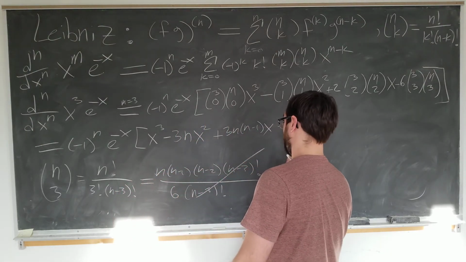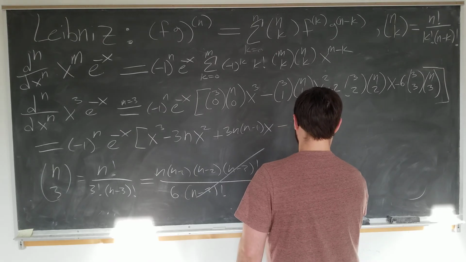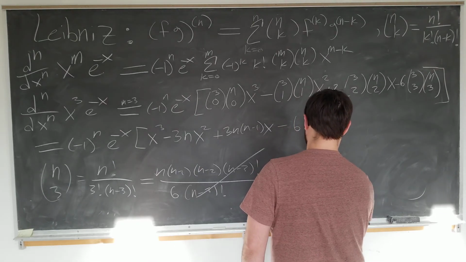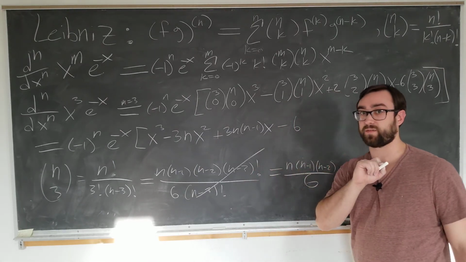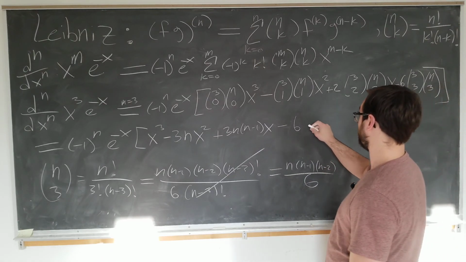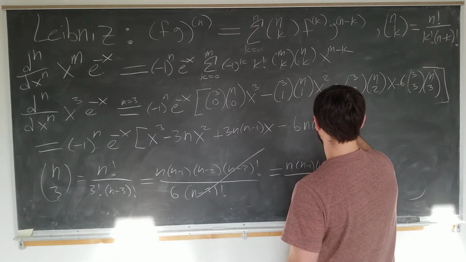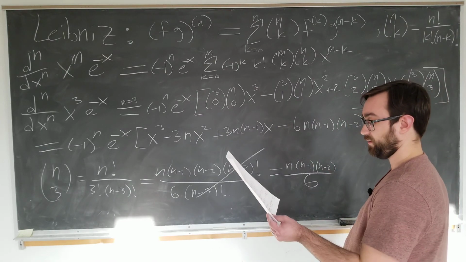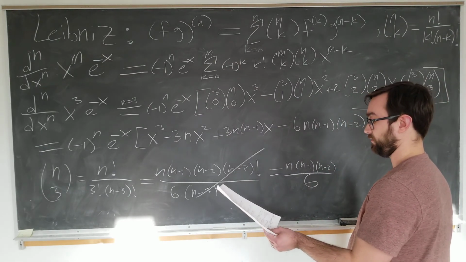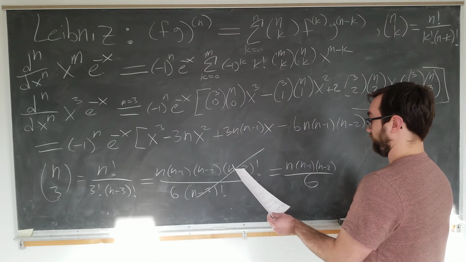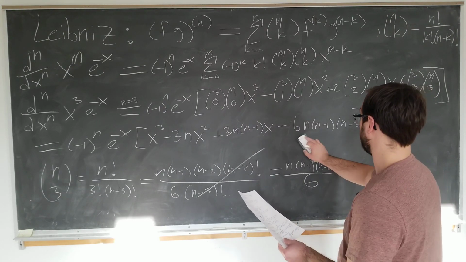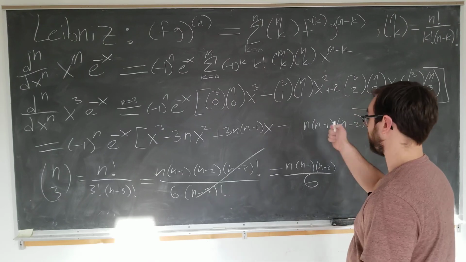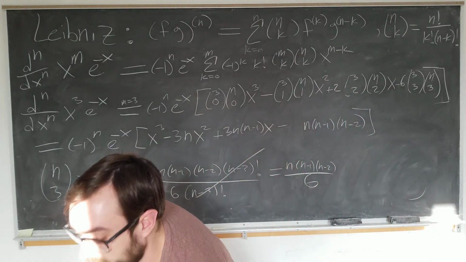So that's n, n minus 1, n minus 2 over 6. So the 6 conveniently cancels. Minus 6n, n minus 1, n minus 2. And that is correct. That's correct. And that's all I have time for today, guys.